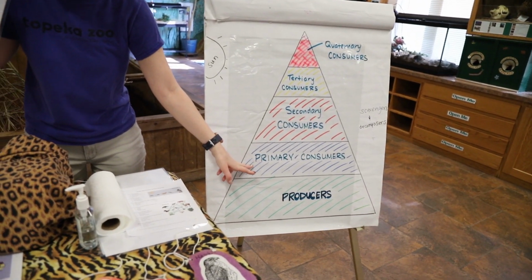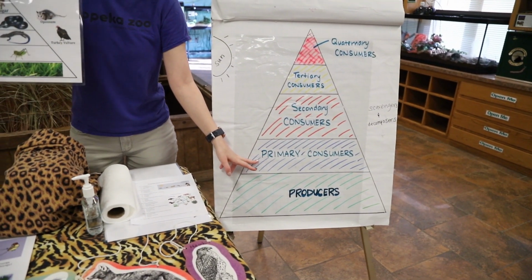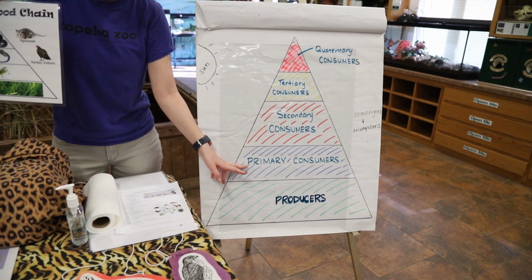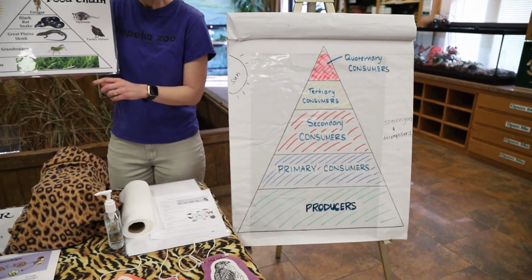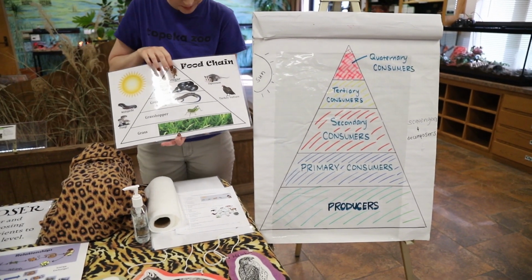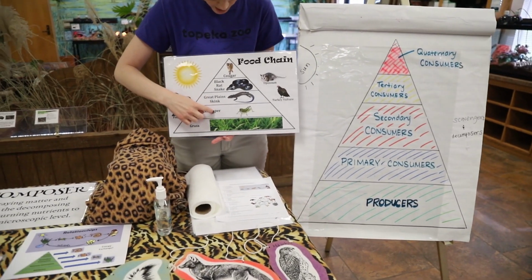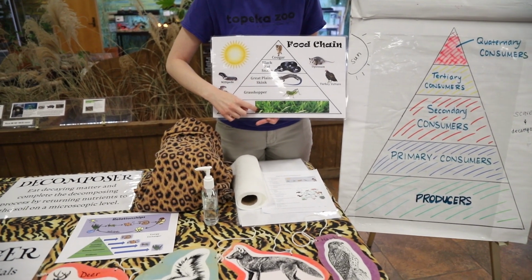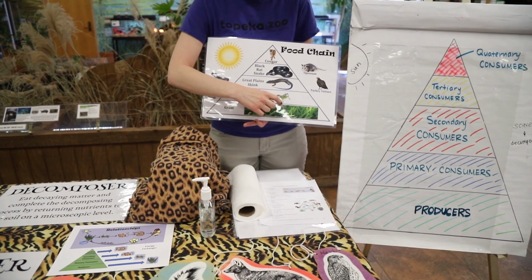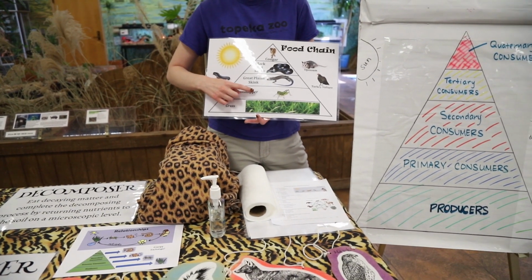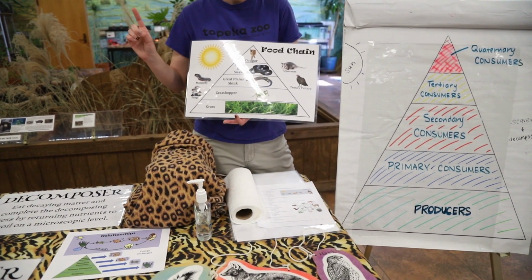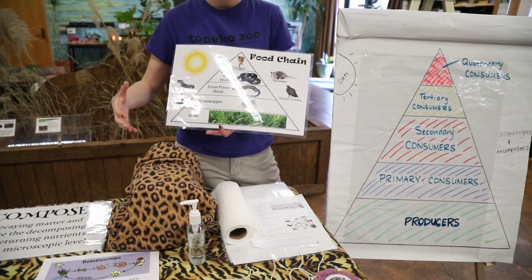And primary consumers are going to be our herbivores. They eat the producers. They eat the plants. So in this instance right here, we've got our grasshopper eating the grass. So the primary consumers here are always going to be plant eaters. They're the first level of consumption, the first level of animals who eat their food.